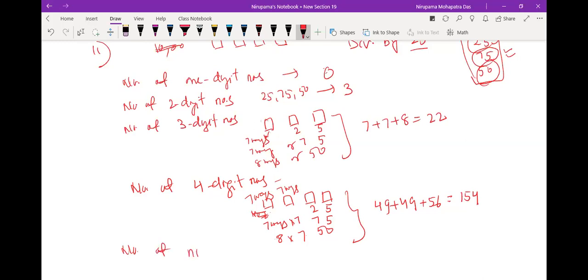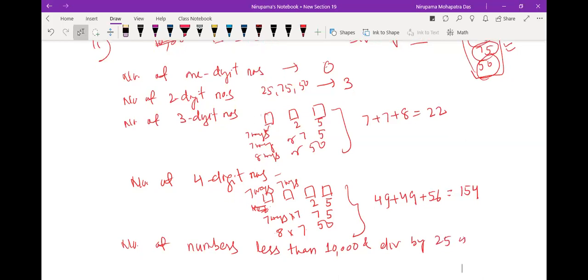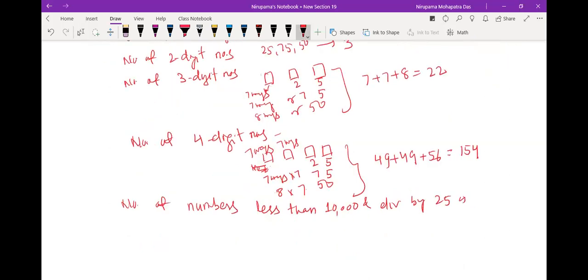So the number of numbers less than 10,000 and divisible by 25 is, you can just add up all these: 1-digit numbers 0, 2-digit numbers 3, 3-digit numbers 22, and 4-digit numbers 154.